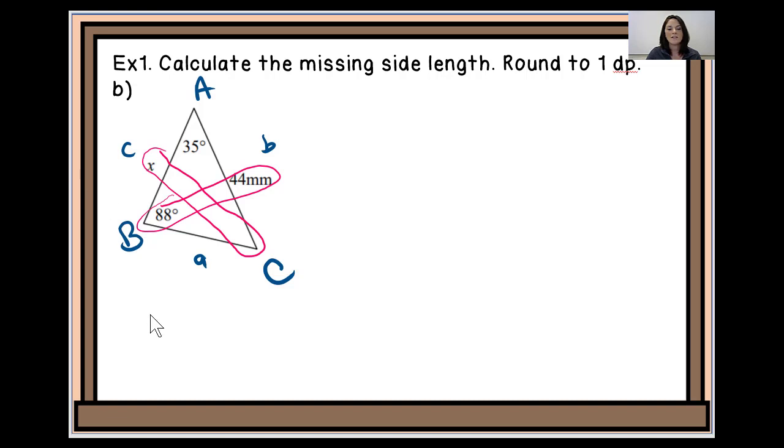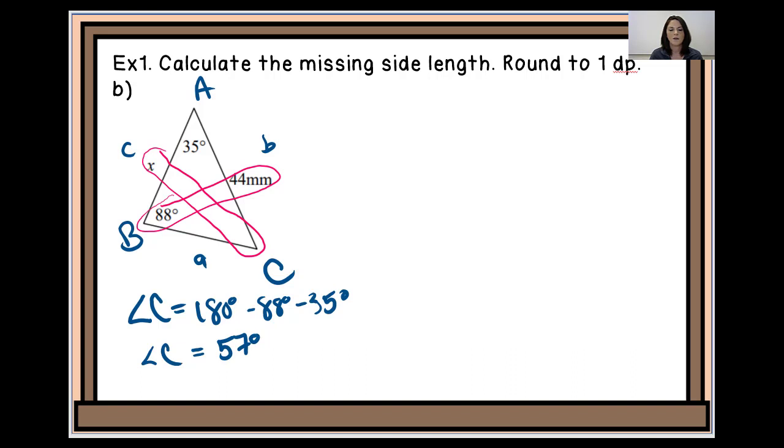Okay, so we actually need to figure out the missing angle at angle C. In order to do that, we know the interior angles of a triangle add to 180 degrees. So we're going to go ahead and subtract 88 and 35 from 180. So angle C is equal to 57 degrees. So now we can use our ratio.